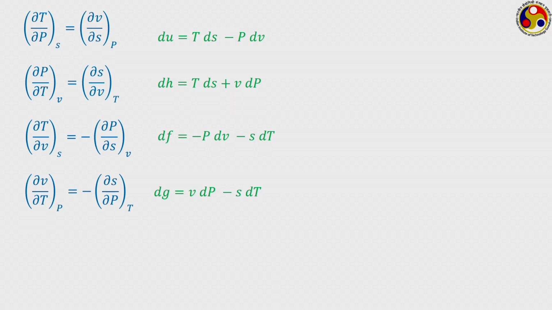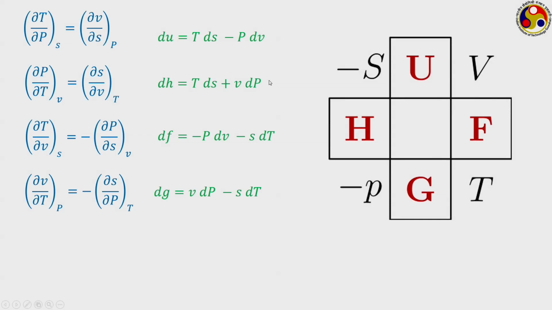So, to get an idea about how to remember these equations, we make use of something known as the Maxwell square, or thermodynamic square, or mnemonic. Just see how we have written them in a square form.